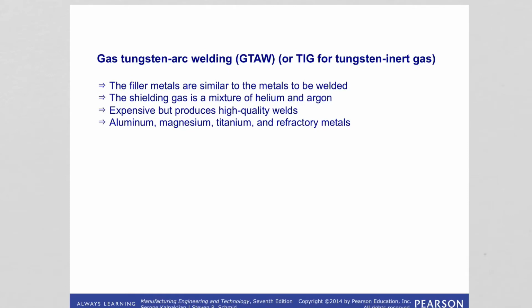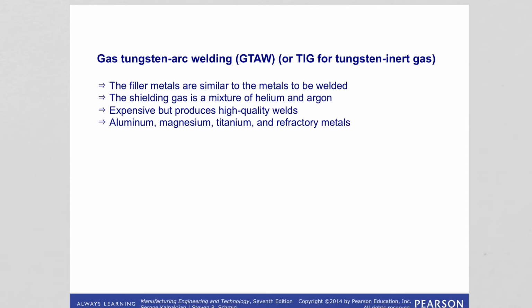One example of non-consumable electrode arc welding is gas tungsten arc welding, also known as tungsten inert gas welding. In this case, a non-consumable tungsten electrode provides the arc but not the filler metal.